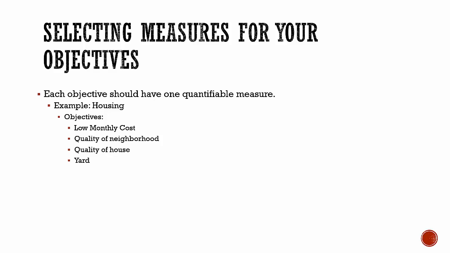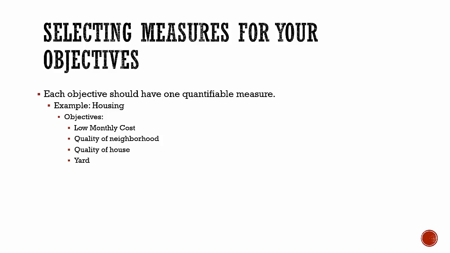So low monthly cost, that could just include the mortgage payment, but it should also probably include things like taxes and the time and expense from commuting to work and school. Some place that's further out, while it may have lower rent or lower mortgage payment, might also severely increase your commuting cost.